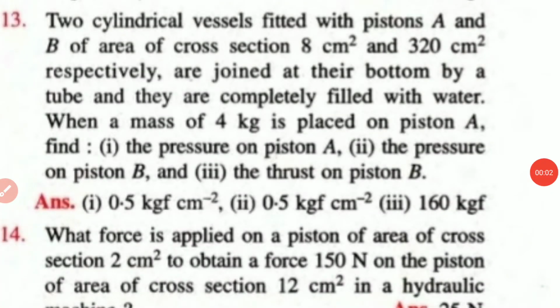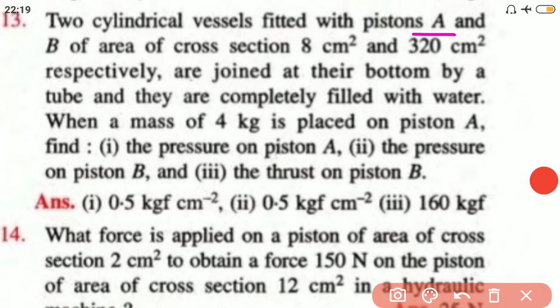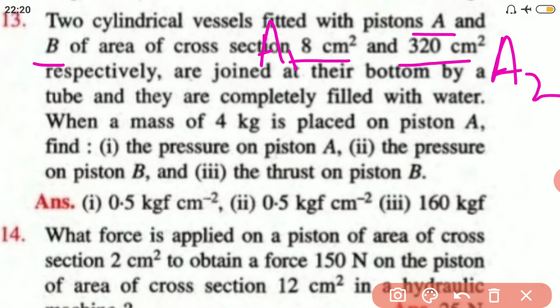Number 13 reads as: two cylindrical vessels fitted with pistons A and B of area of cross section 8 cm square and 320 cm square. So obviously piston A is smaller, so this will be my A1, the smaller area, and this will be my A2, which is the bigger area.